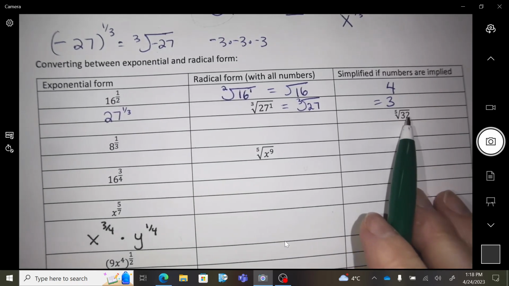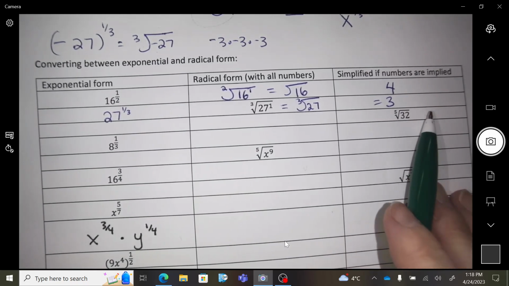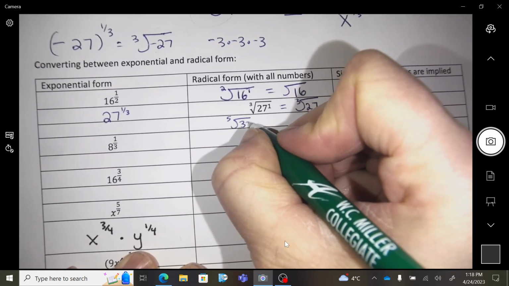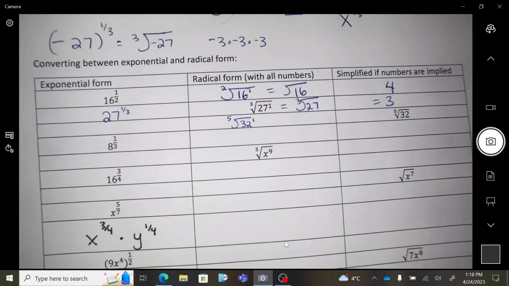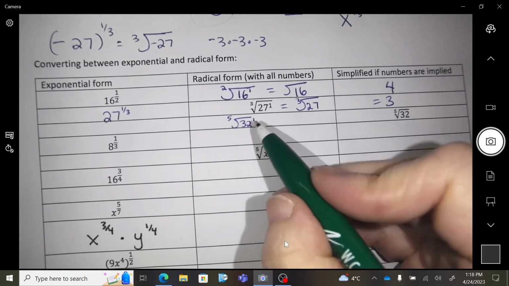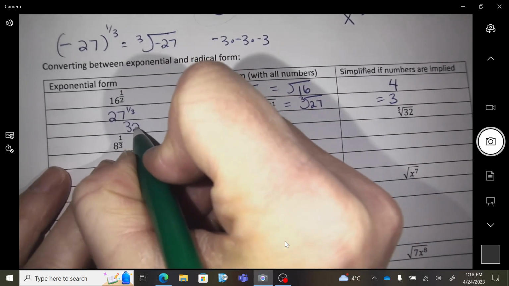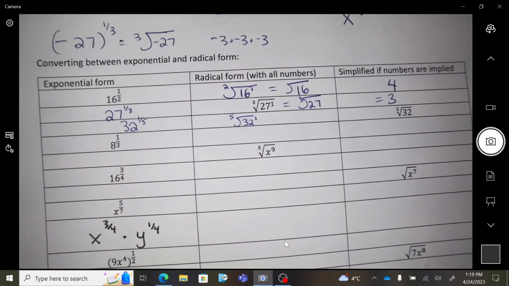Okay, this is the 5th root of 32. So if you really wanted to think about it, it would be like that. It'd be a 1, and then there'd be a 5 there. So how would I write that as an exponent? 32 to the 1/5.